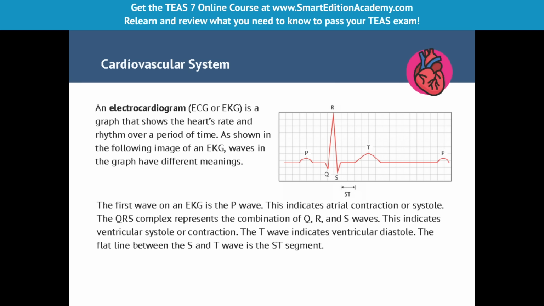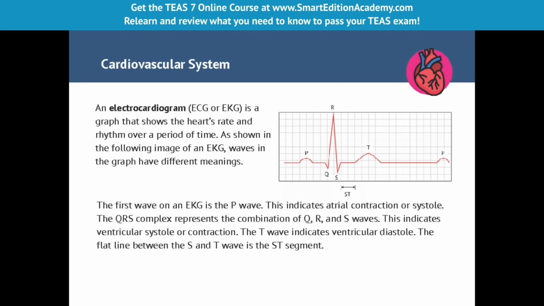What's specifically important to know as it relates to your TEAS exam is it might show you a picture of an EKG, and it might ask you to specify what does it mean, what does it indicate, what does the P wave indicate, or it might actually show you a picture of a EKG like this, and you might actually have to click on the screen and specify which one is the P wave, which one is the T wave, which one is the QRS, which comes first.